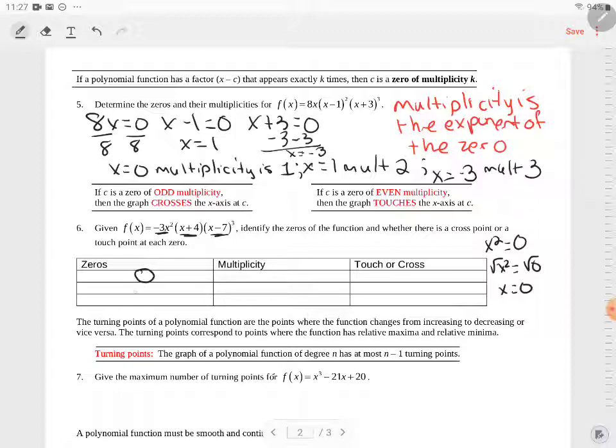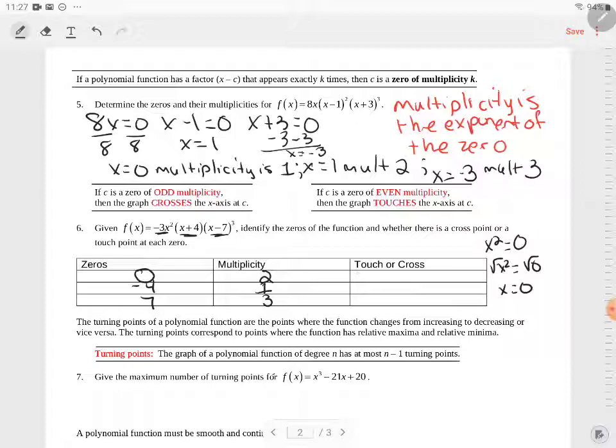Okay, x plus 4 equals 0, we get -4. x minus 7 equals 0, and you're going to get 7. Okay, the multiplicity is the exponent. All right, so reading carefully, the exponent on x squared is 2. The exponent on the x plus 4 is a 1. And the exponent on x minus 7 is 3.